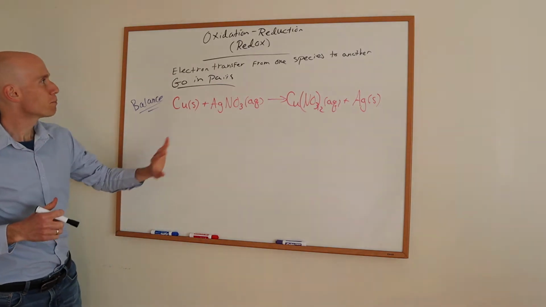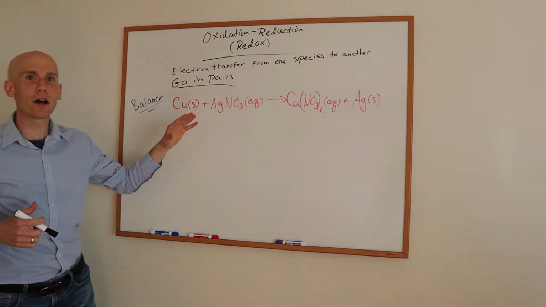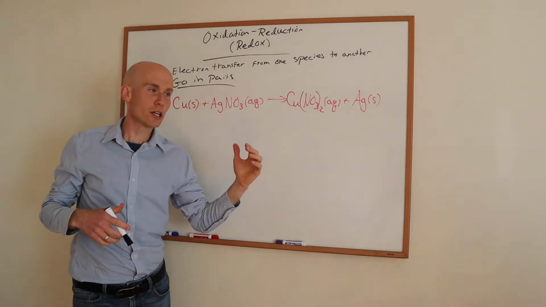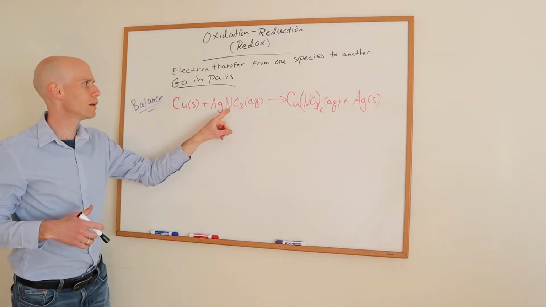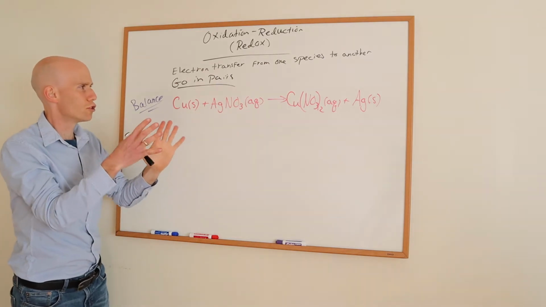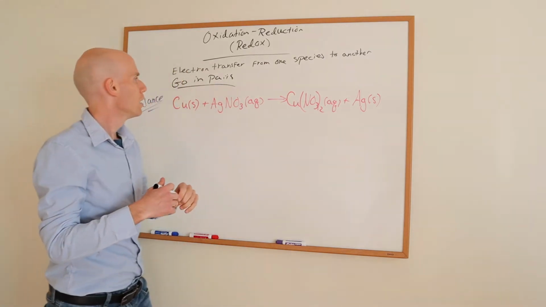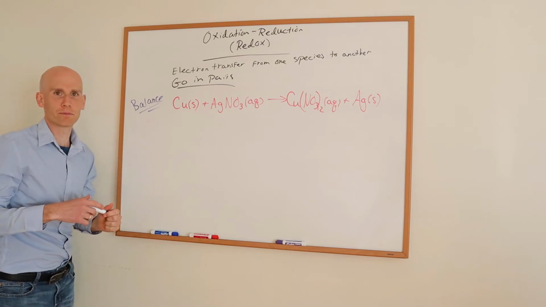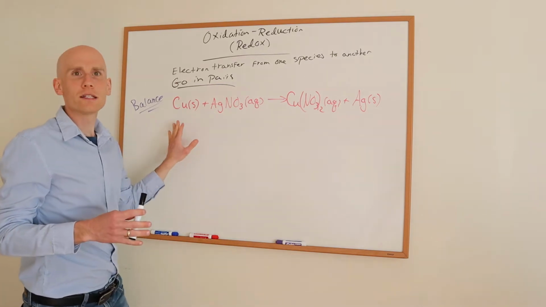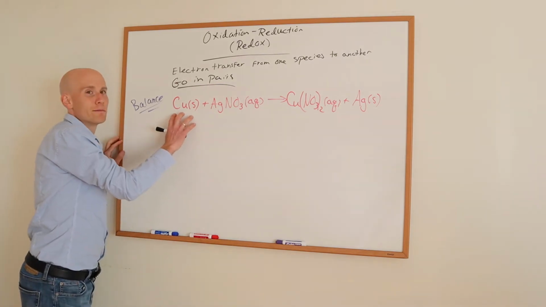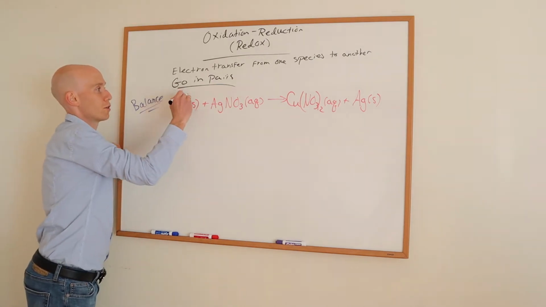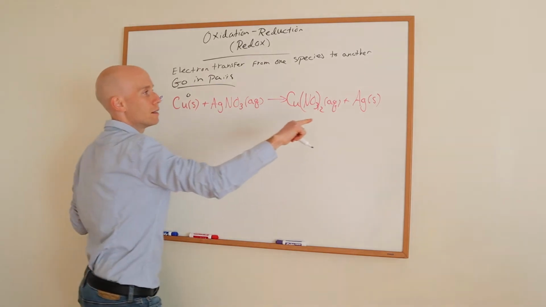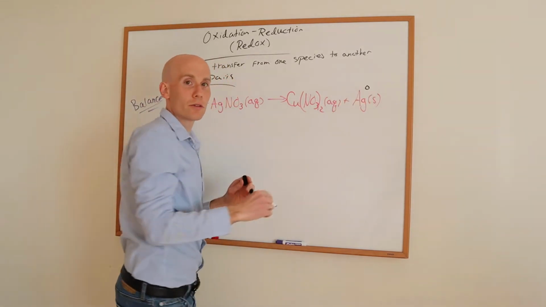Before we begin, again, let's ascribe oxidation numbers to each one of the elements here. Don't worry about nitrogen and oxygen. Just do NO3 as a whole, and then do copper and silver. As we mentioned, if it is elemental or a neutral compound, it will have an oxidation number of 0. So both copper and silver here will have 0.